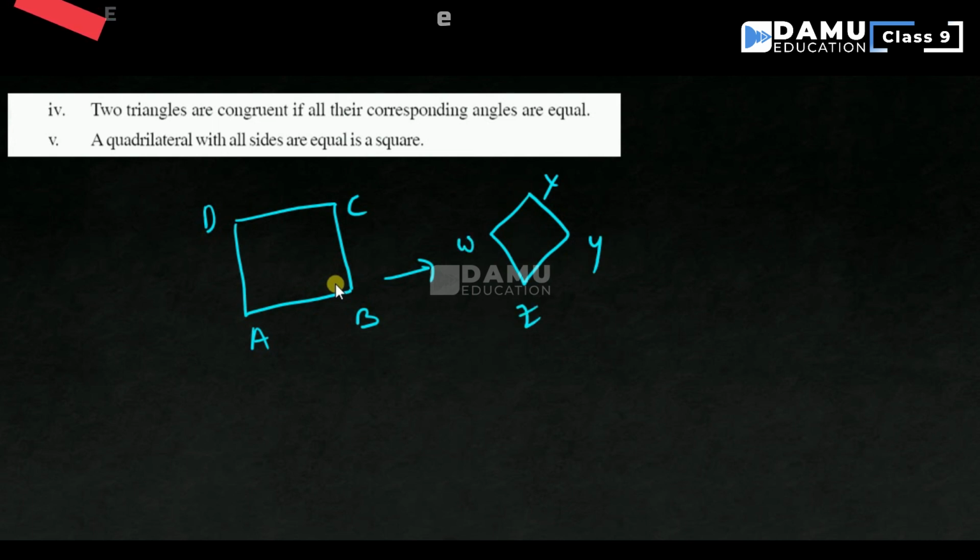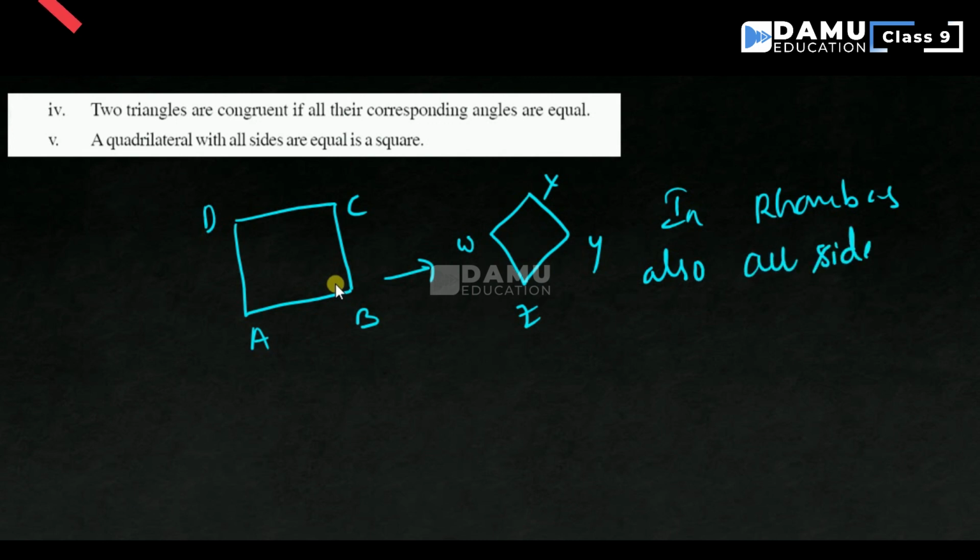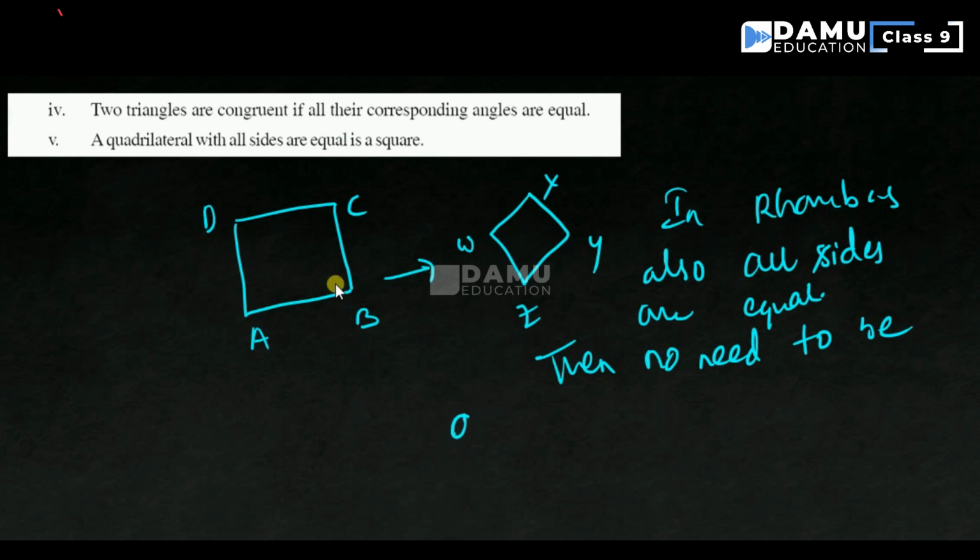In a rhombus also all sides are equal. So all sides are equal, but it is not a square.